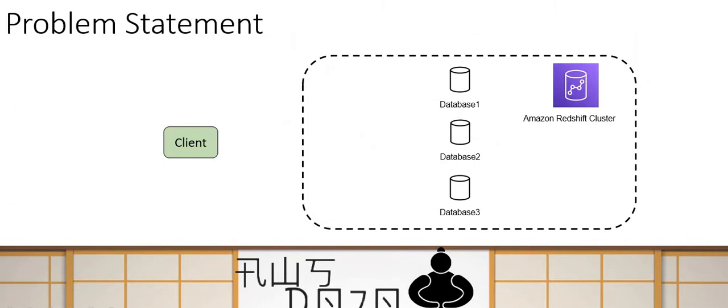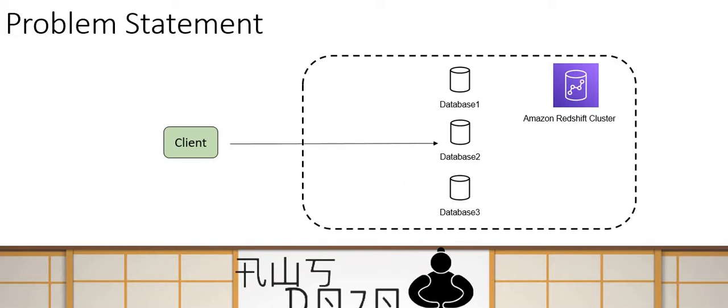So let's talk about what problem we had and what this feature is going to solve. What used to happen is that when you are connecting with a Redshift cluster, you are actually connecting with a database in the Redshift cluster. So it will be either database 1 or database 2 or database 3, and you make individual connections to these databases.